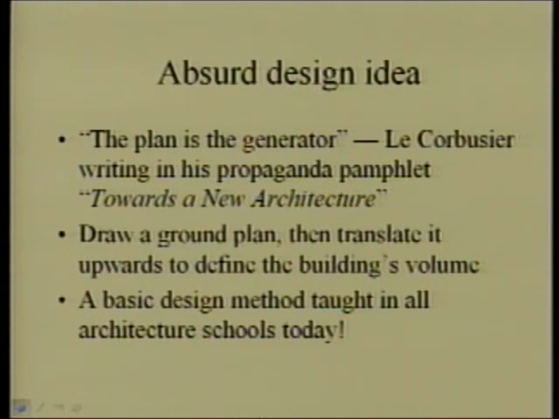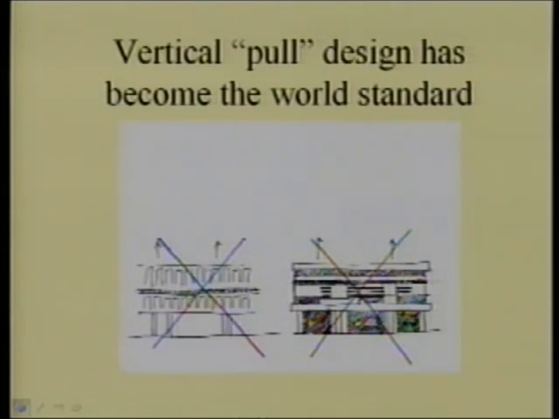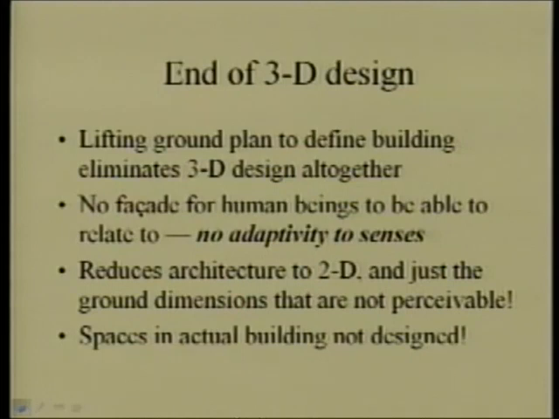So the idea of the plan as a generator is that you draw a ground plan and then you translate it upwards to define the building's volume. And this design method is taught in all architecture schools today. What does that create? That creates a vertical pull design that has become the world standard. So the building has no three-dimensional design because there is no facade.